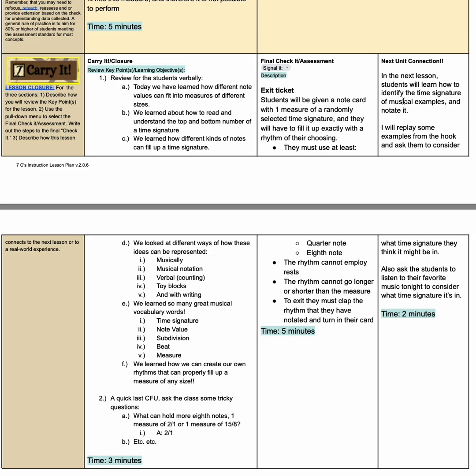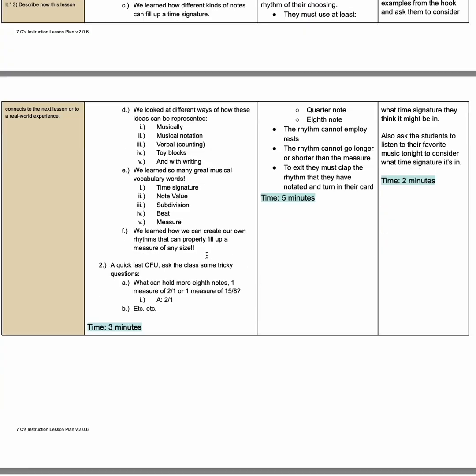So I will revisit the musical examples from the hook in this lesson and see how well they can think about what time signature it might be in. They're not going to be able to do it yet because they haven't had that lesson. And then I'll ask them, think about your favorite music, what time signature it's in, what note values are you hearing in the music? Is it half notes, quarter notes, whatever.